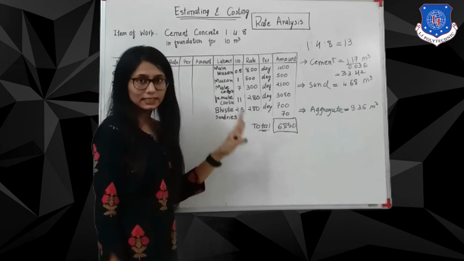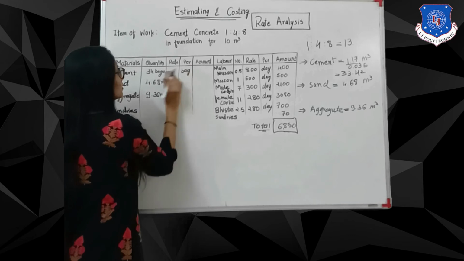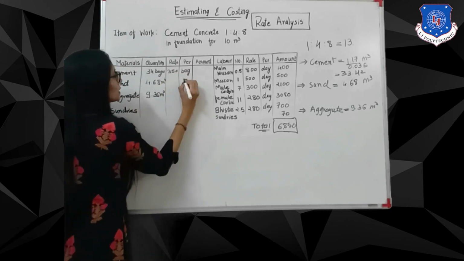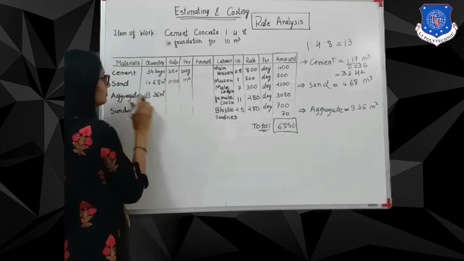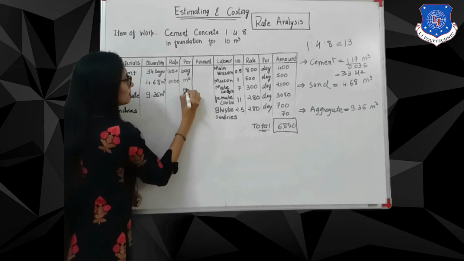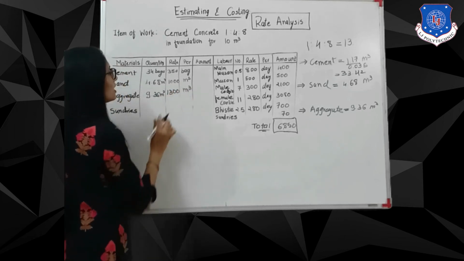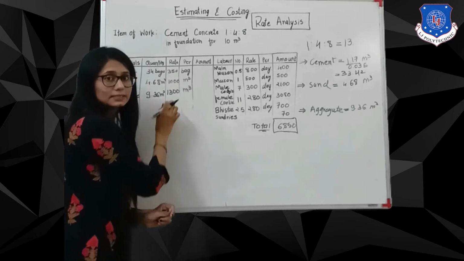Now it's time to add the market rates. Per cement bag we are paying 350 rupees. Per meter cube we are paying 1000 rupees for sand. For aggregate per meter cube we are paying 1300 rupees. Now it's time to apply the quantities to the basic rates.